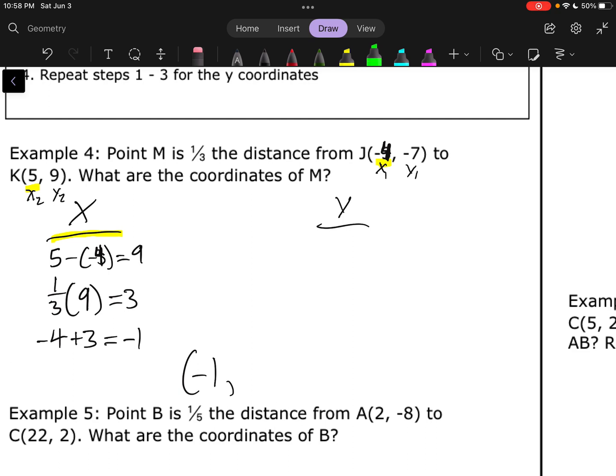Now let's repeat that process, but with the y values. So for my y values, I'm going to do 9 minus -7. 9 plus 7 is 16. We don't want to go the whole way there. Oh my gosh, what did I do here? Did I mess that one up too? Golly.